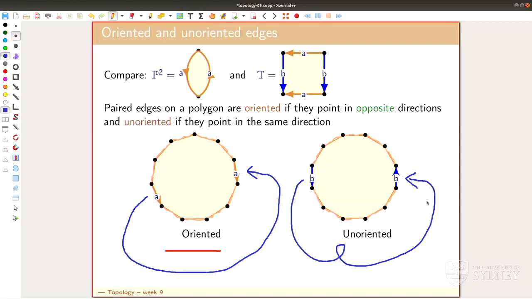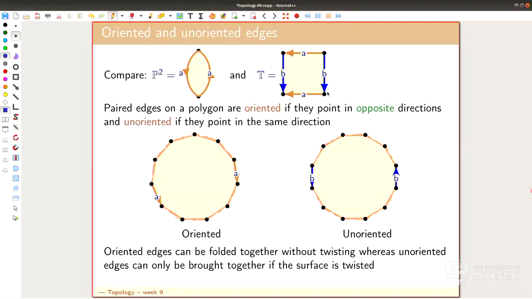And I call it oriented or unoriented. And note here, again, very easy to check on the polygon. The torus has only oriented edges, and the projective plane has this one unoriented pair. Really easy to check. Just look for the pairs and look whether they point in the same direction or not. That's just what I said.